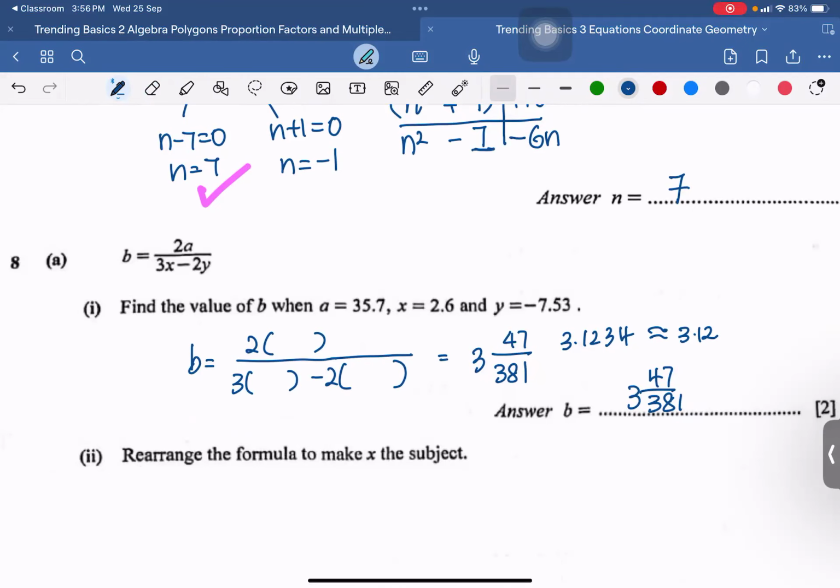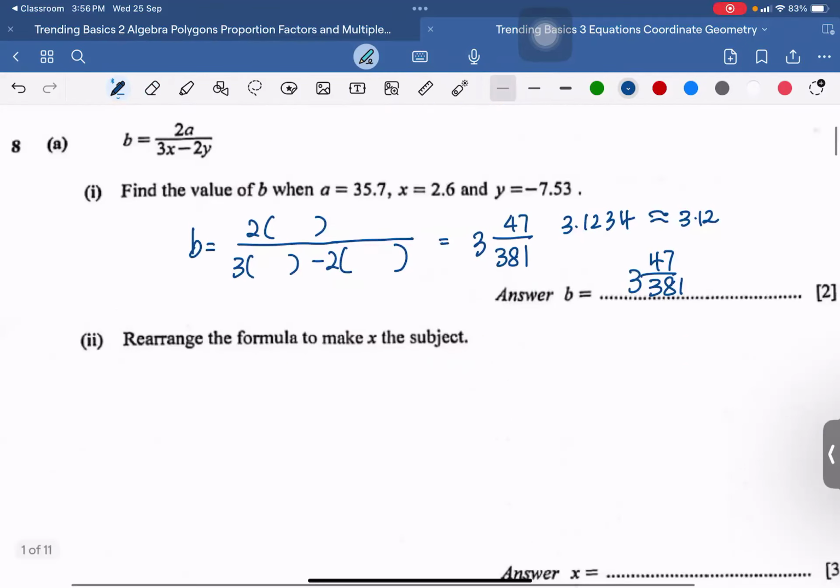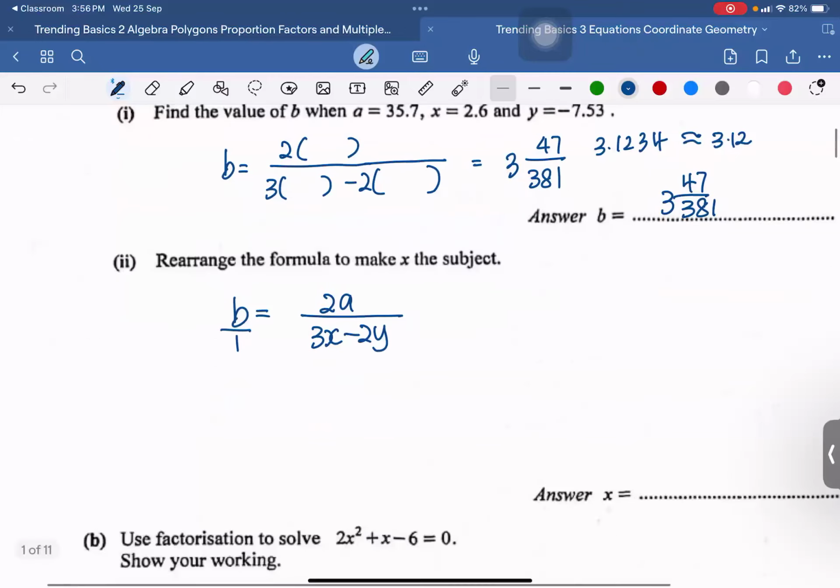Okay. Rearrange the formula to make X a subject. This one. Zhishu, can you tell me the first step? I don't want a fraction. What can I do? Somebody left. Zhishu, is Zhishu there or not? Did he come? Yeah. Zhishu, what is the first step? Or maybe you can type if you can't switch on your mic.